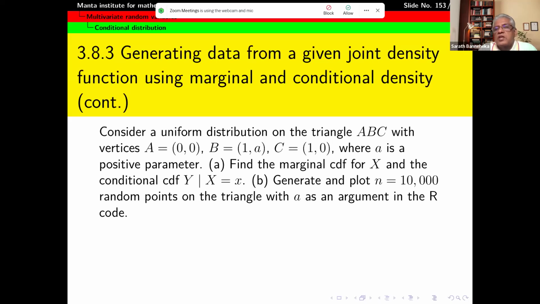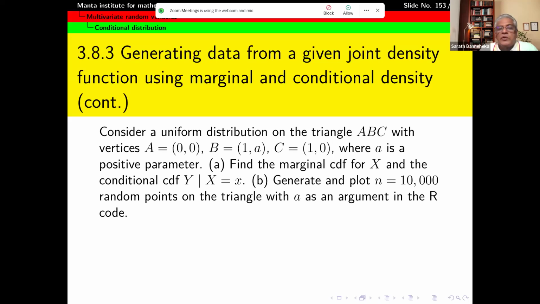So for a fixed given value of a, we are asked to generate the data. But first, it's asking us to calculate the marginal CDF of X, that is the cumulative distribution function, and also the conditional CDF.